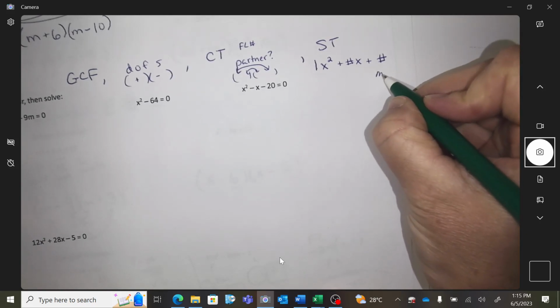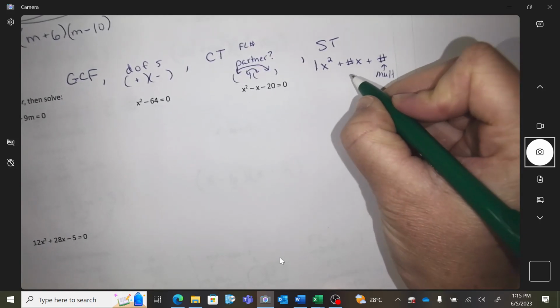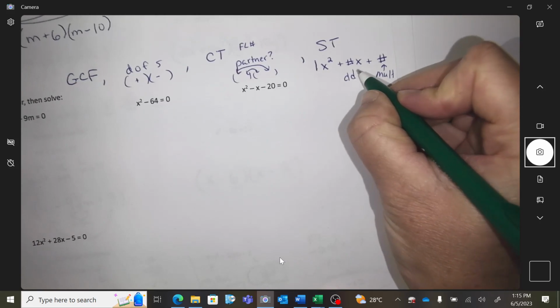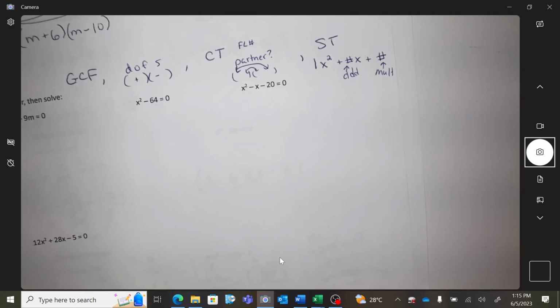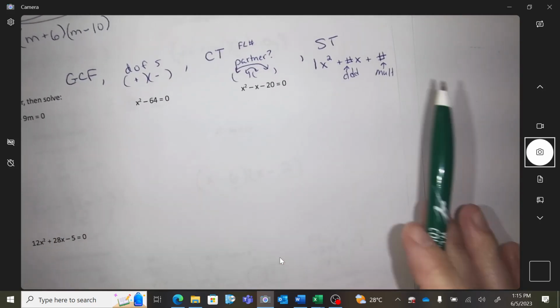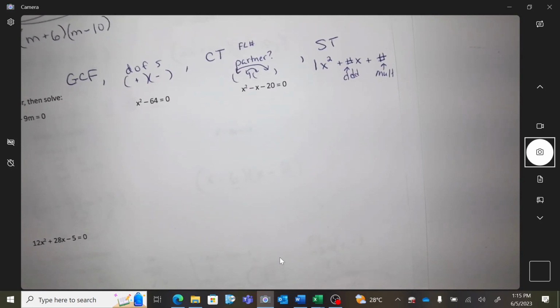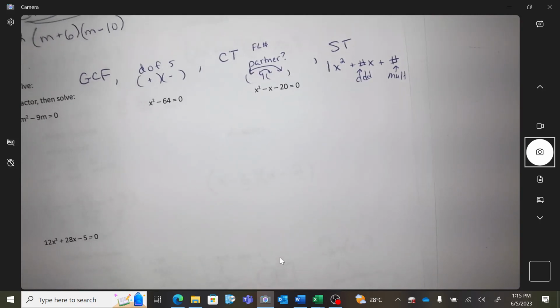Has to multiply to that and add to that. Okay? So that's your 4 styles. Over and over again, recognizing them and recognizing the strategies. Again, these 4 things, going over and over in grade 11, gets you through your grade 12 as well.